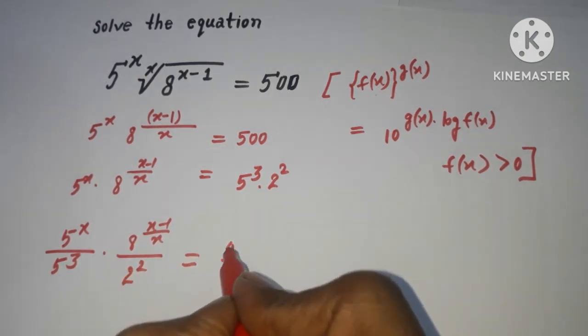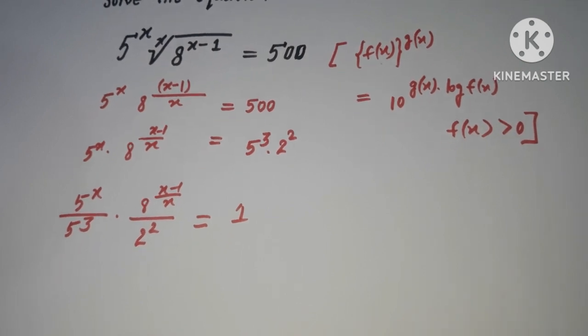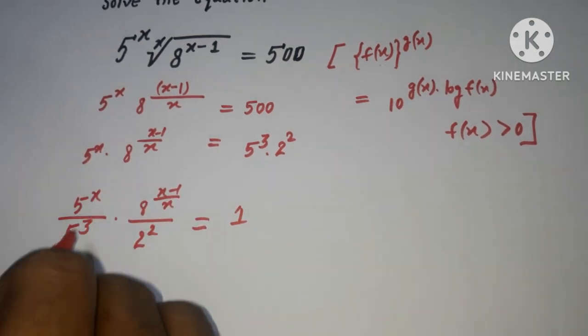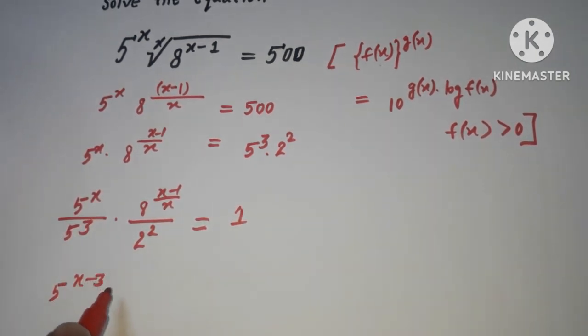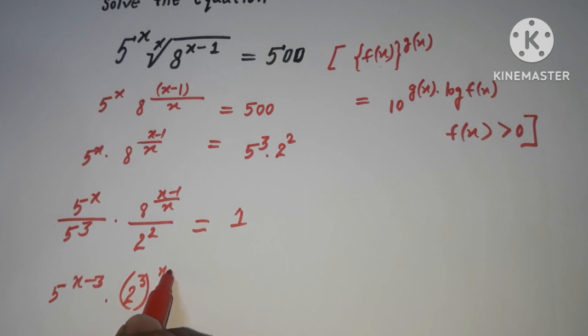Here 1 is left. Now this can be simplified. This can be written as 5 to the power x minus 3, and 2 to the power 3 times x minus 1 divided by x, and here minus 2 is there.